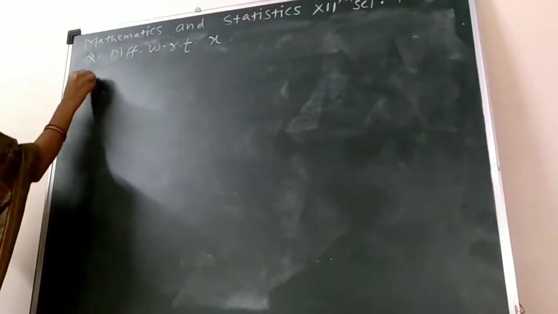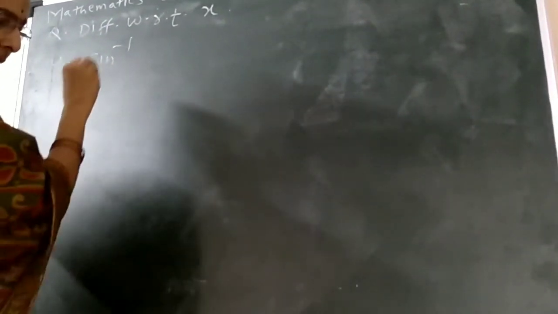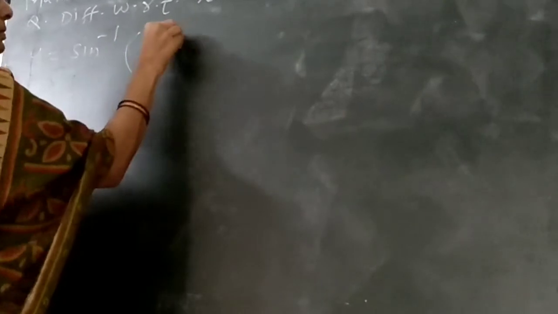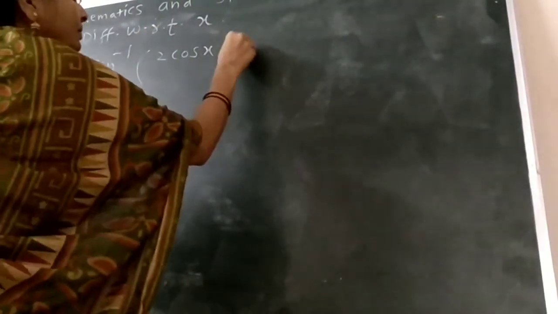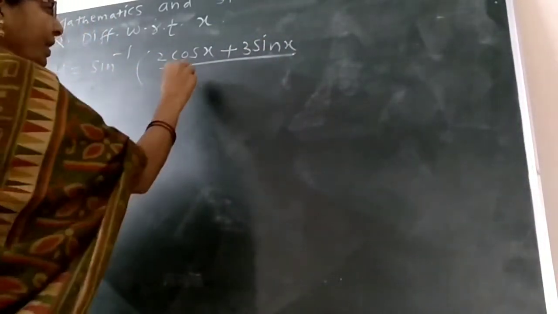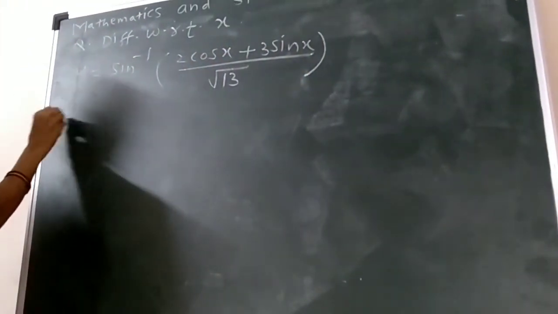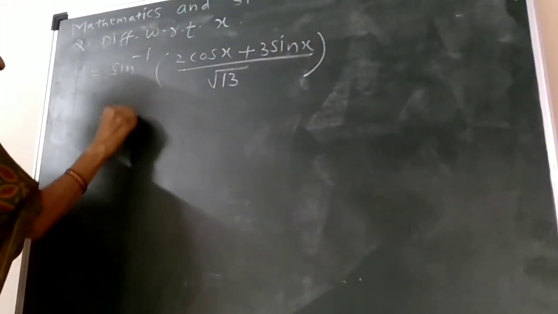y equal to sin inverse of (2 cos x plus 3 sin x) upon root 13, is equal to sin inverse.